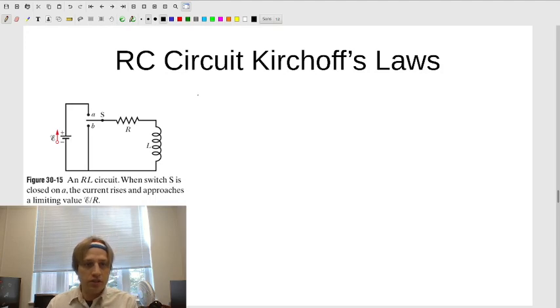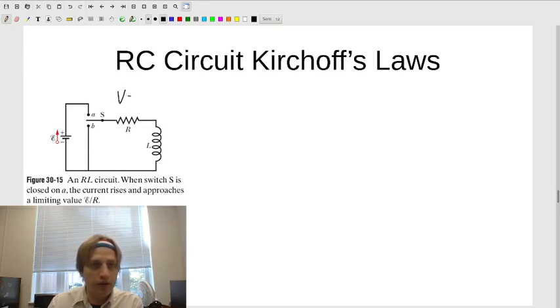Now, just to make sure we understand where this is all coming from, we have now two different Kirchhoff rules for what the voltage across devices looks like in this problem.